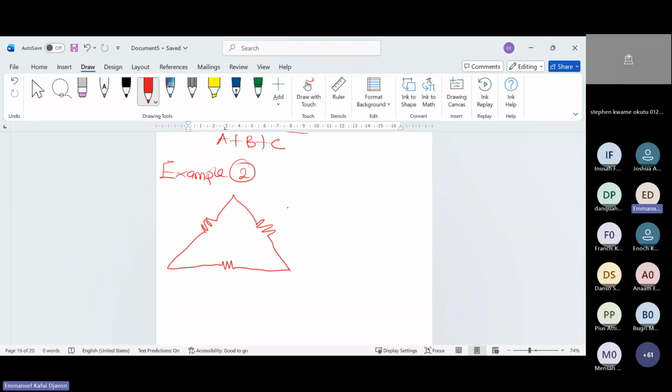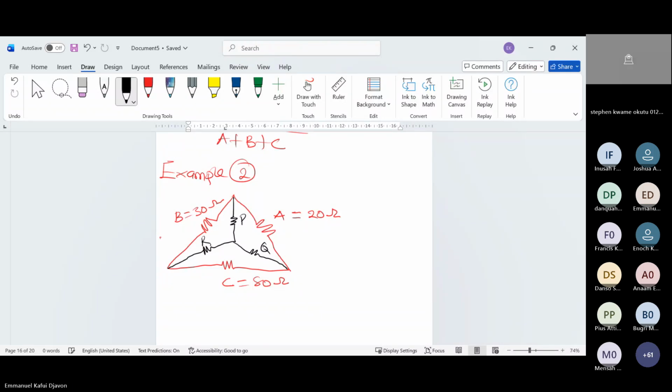We are told that for the delta, this is A, this is B, this is C. A is equal to 20 ohms, C is equal to 80 ohms and B is equal to 30 ohms. We have to do the transformation from delta to star. So as I just taught you, draw the star inside the delta. It's as simple as that.